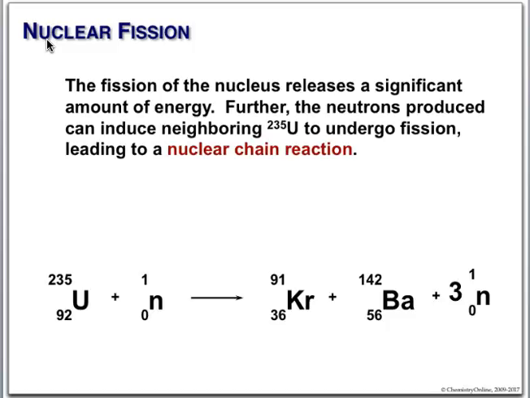If you have a lump of uranium-235 that's big enough, each of these neutrons will do this again, and they'll make 3 more neutrons. And they will do it again, and you get 3 more neutrons, etc. This is called a chain reaction.